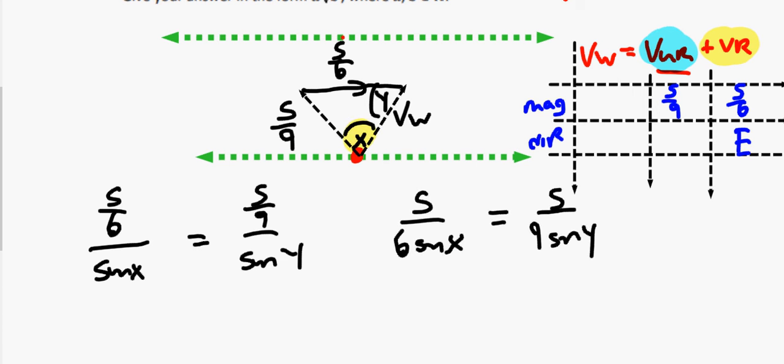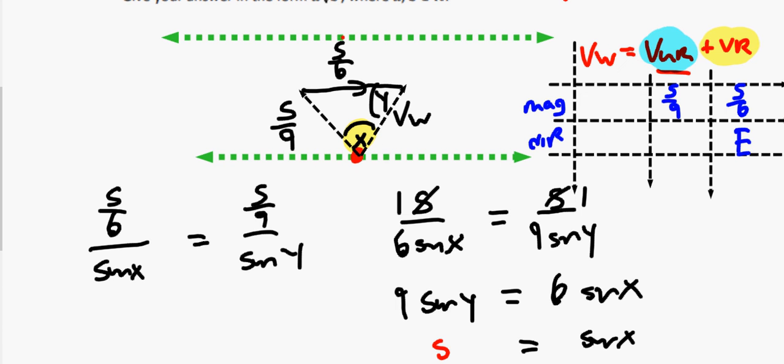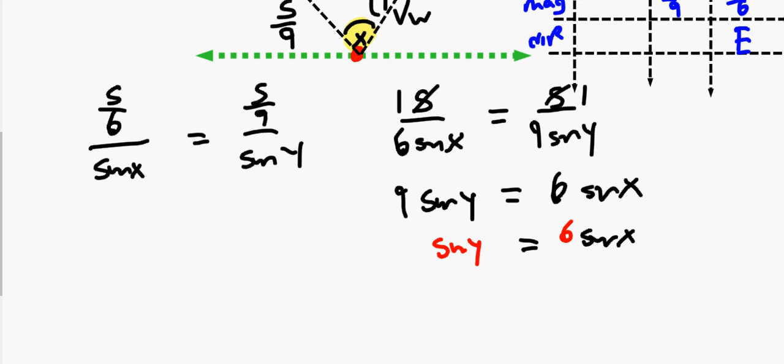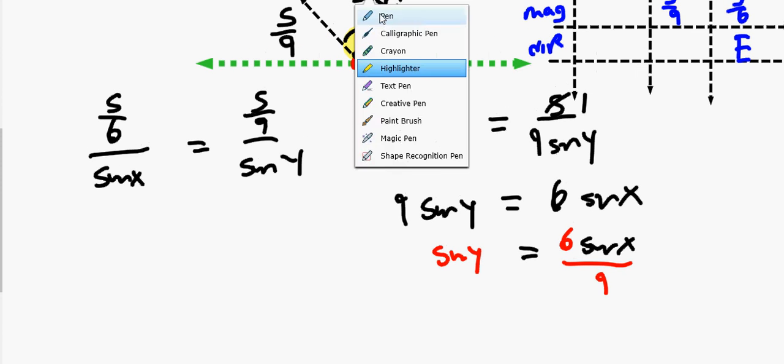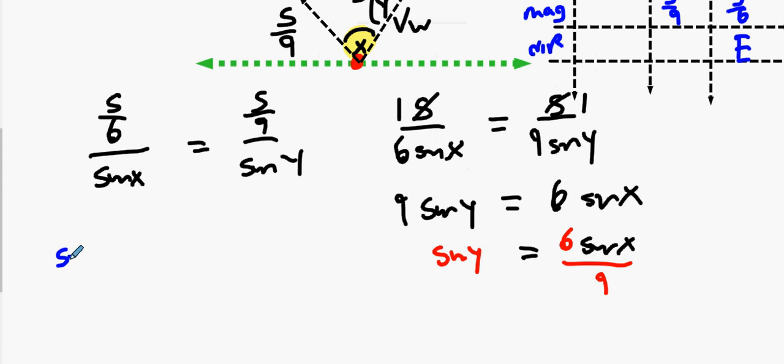So when you bring the 6 and the 9 down underneath, you can cross off the 5's, okay? And what you then get is 9 sine y equals 6 sine x. If you isolate sine y, you get 6/9 sine x. Now you have to remember, if you did it the opposite way around, you would have got sine x equals 9/6 sine y.